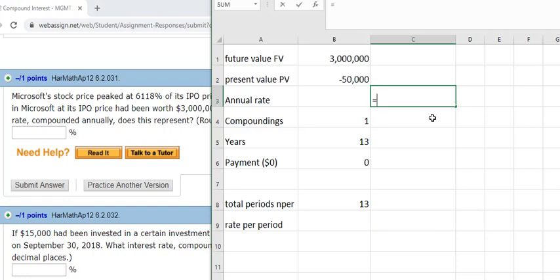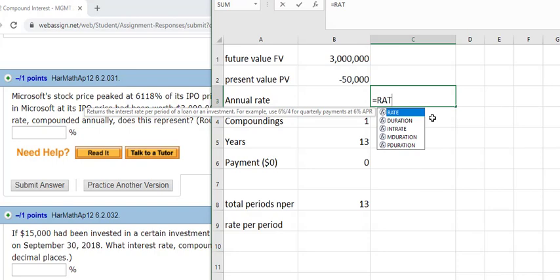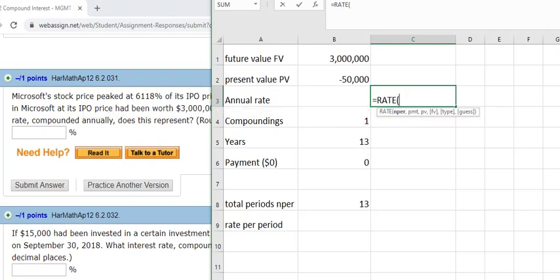Okay, for the annual rate, Excel has a formula for that, and they call it RATE. Now there's a lot of different rates in here if you look. I want the plain RATE, which returns the interest rate per period of a loan or an investment. I need to tell it the number of periods, 13. That was once a year for 13 years.